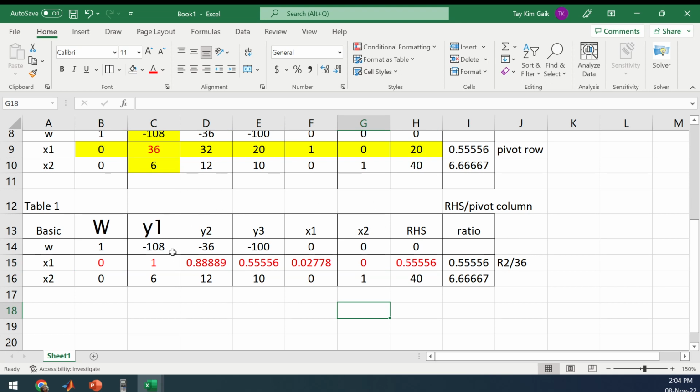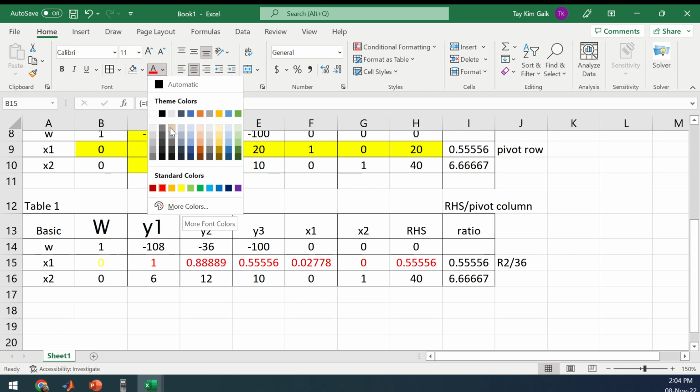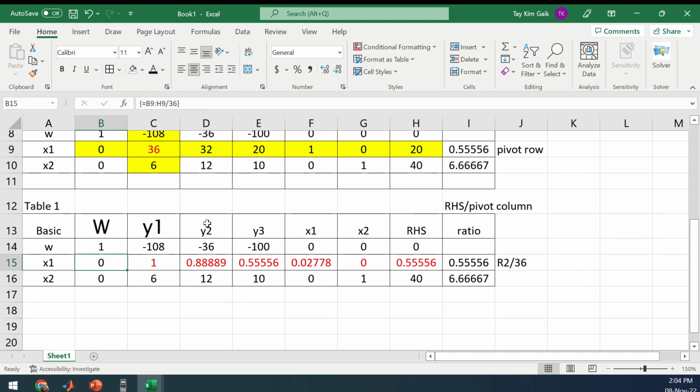After that, you need to make the cells below and on top of the pivot cell become 0. Need to make this cell become 0, this cell become 0 by using a suitable row operation.